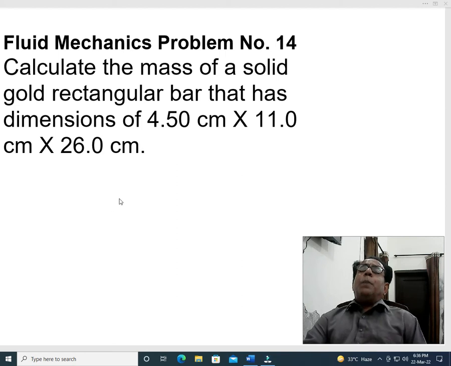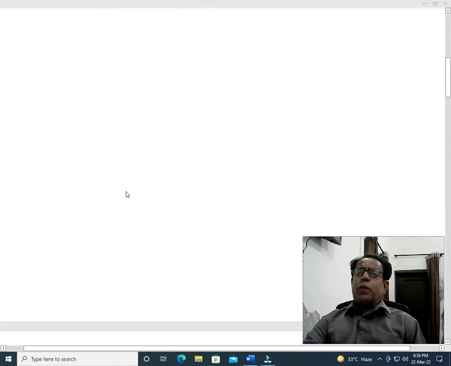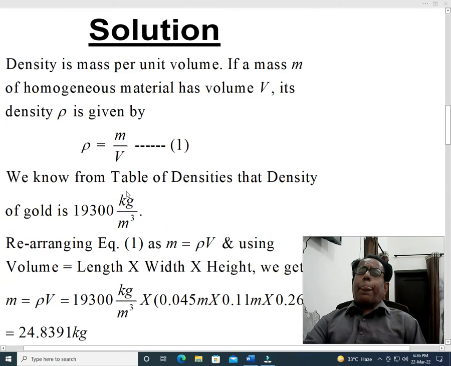Moreover, we will convert centimeter into meter. This is our discretion. Even if we do not convert it at the initial stage, we may convert it in the last stage of this problem. So now we come towards its solution.